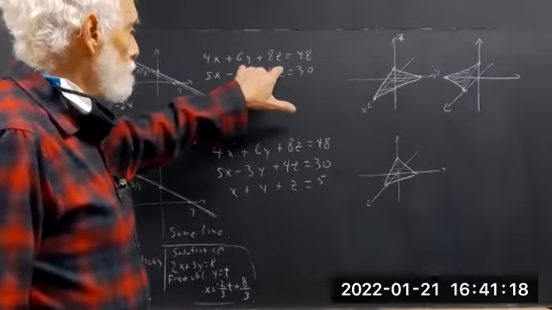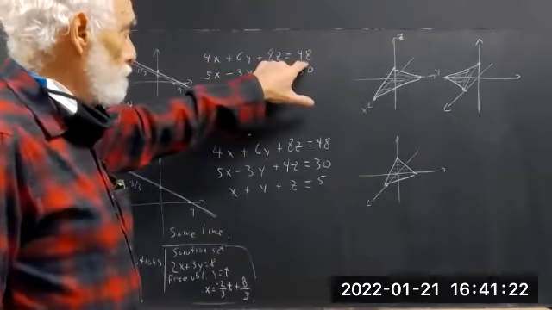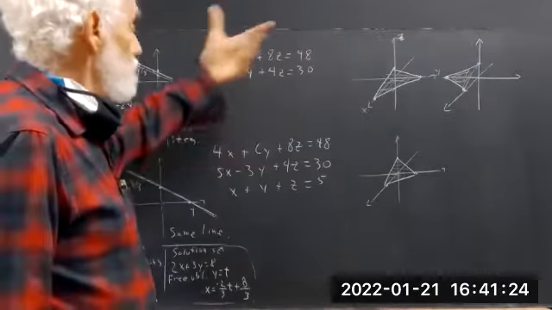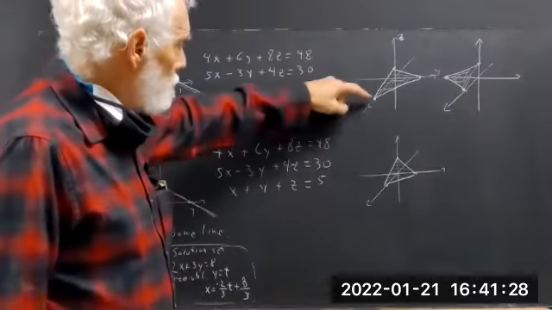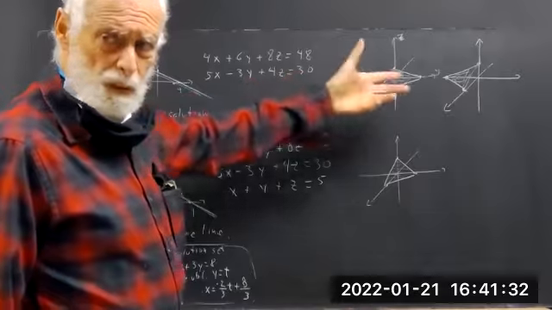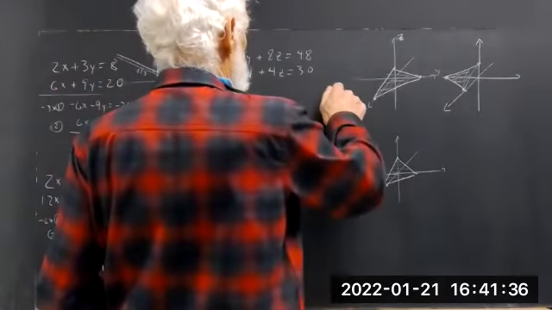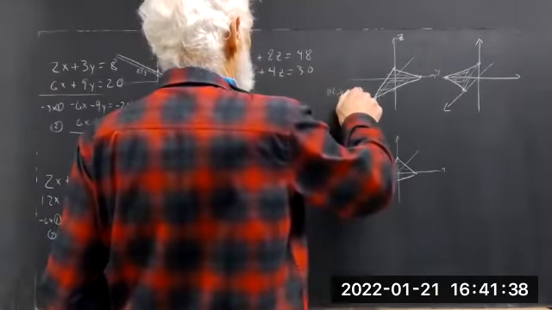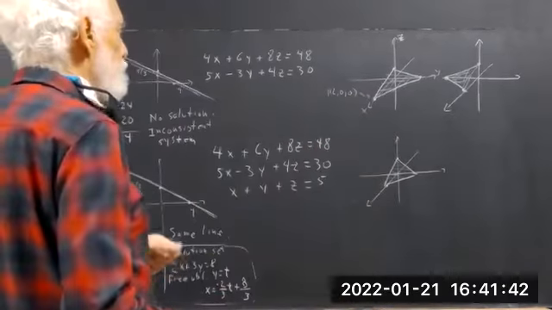I'm going to do this pretty quickly. If y and z are both 0, that puts us on the x-axis. And of course, 4x is going to equal 48. X is going to equal 48 divided by 4, 12. So right there would be the point 12, 0, 0. I'll actually write the coordinates here, just for one of these.